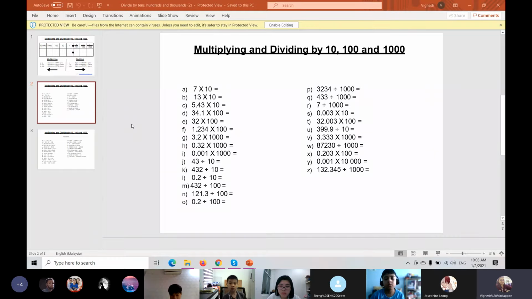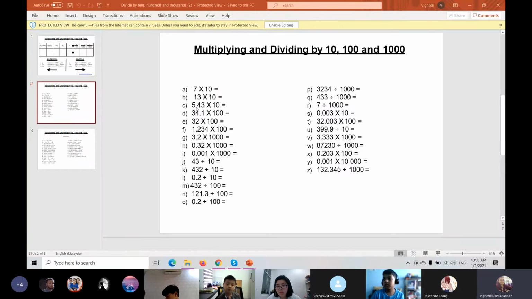Okay, number D, 34.1 multiply 100. Who wants to answer? Okay, class, you all don't have to do your working, this one is very simple. Yeah, of course, in exam you have to show the working, but now it's very easy to show the working. That means, let's say for the 10, can you all see only one zero here, right? Okay, 5.43.